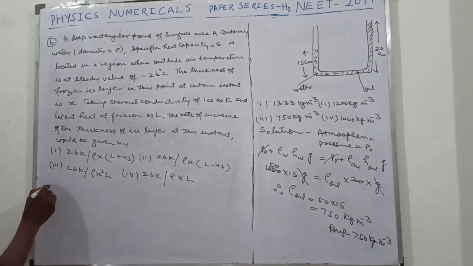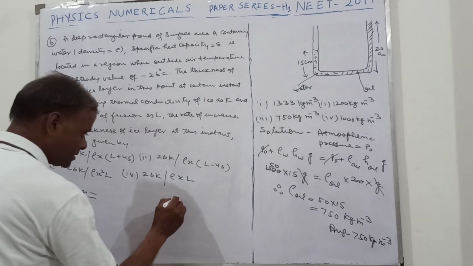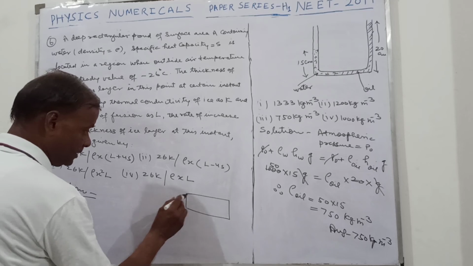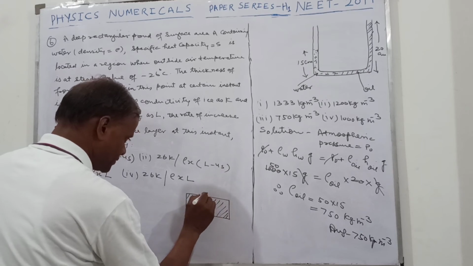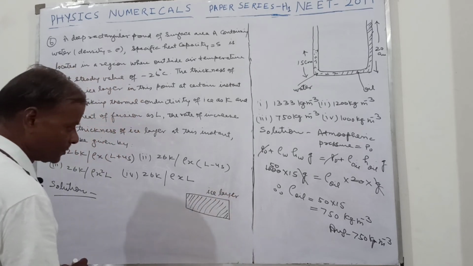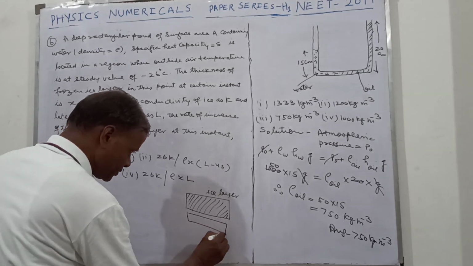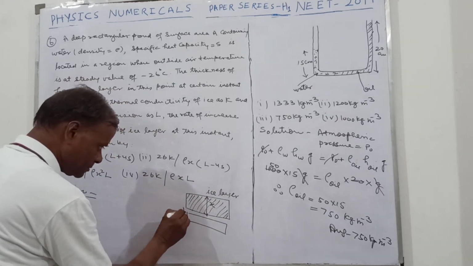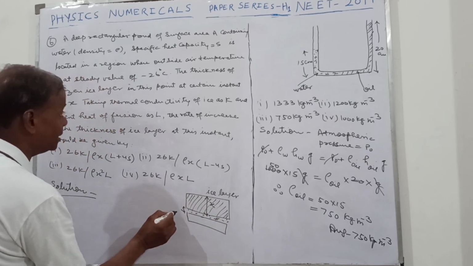So what we have done? Solution: this is the ice layer, it has the area A, and it has some distance, suppose so much, and at any time this is given to be now x, and this is the increase in its depth, its thickness.